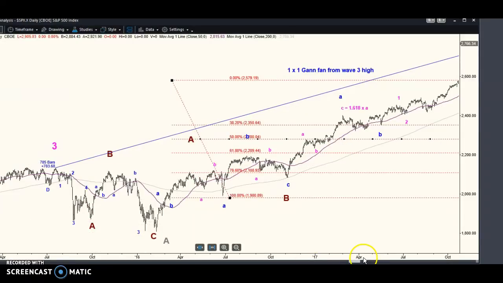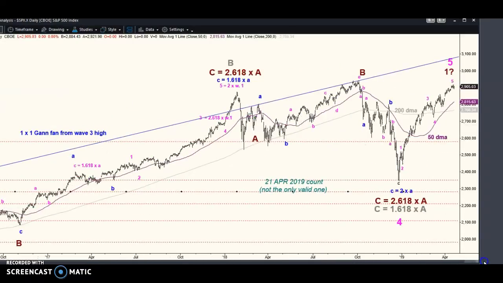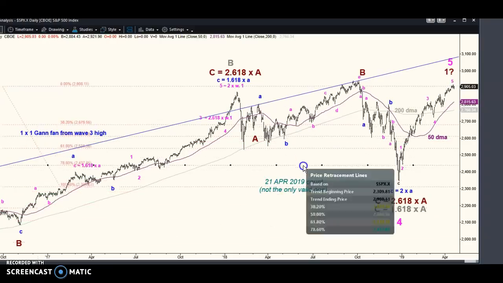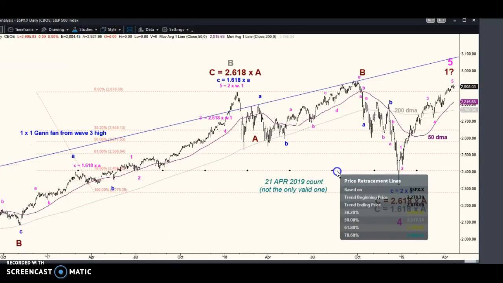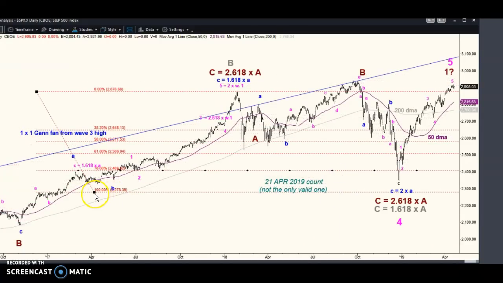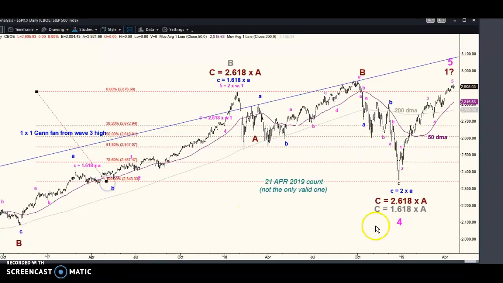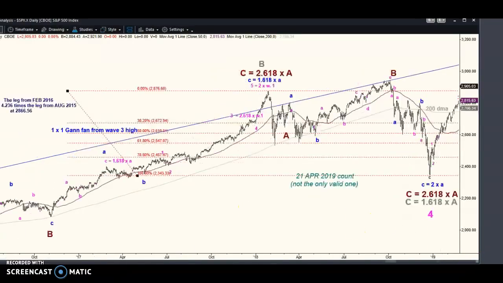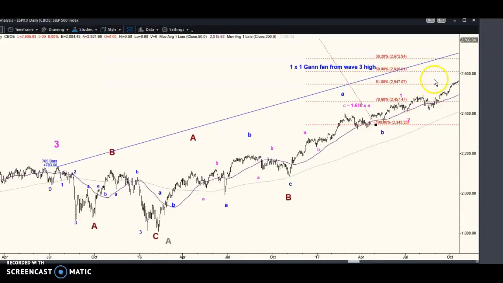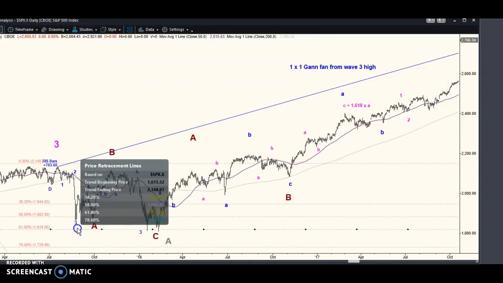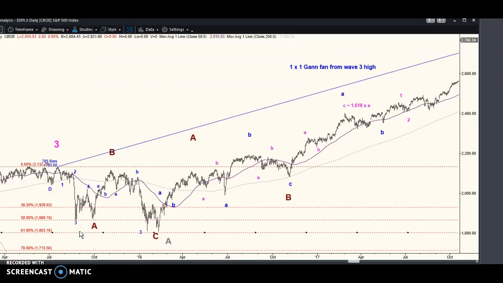And then, of course, you can take the height of the whole complex, from the beginning of A to the end of C. And I think that's a good fit. 61.8.